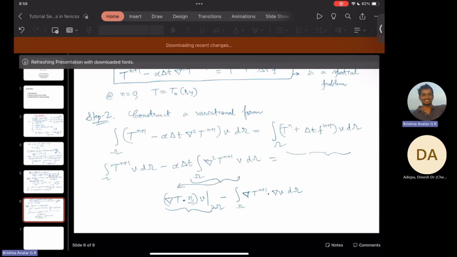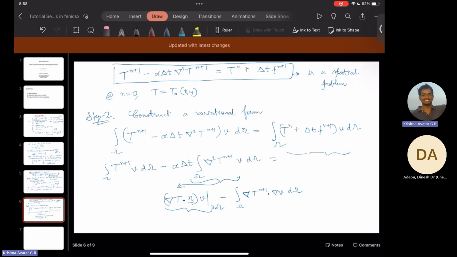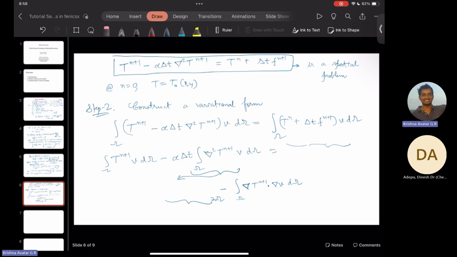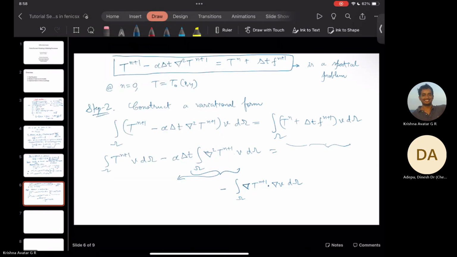Okay, we were here. Effectively this term goes to 0. So this implies that the sign will become positive, minus into minus plus.